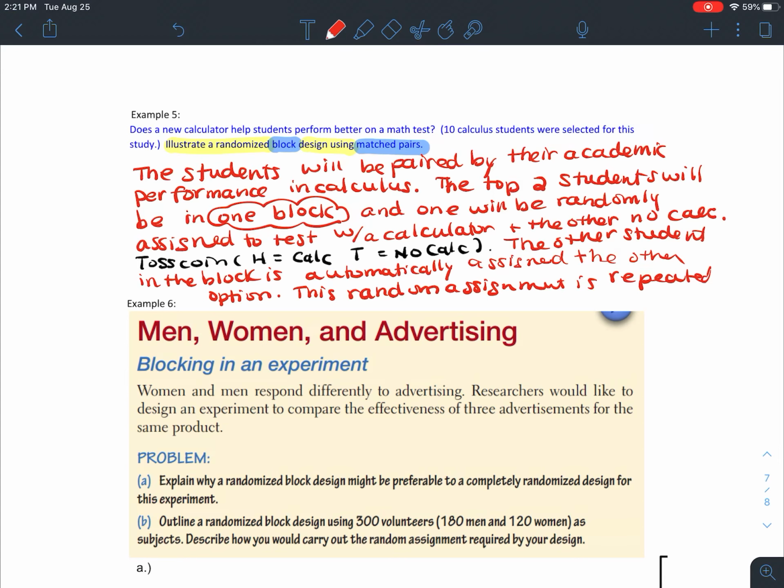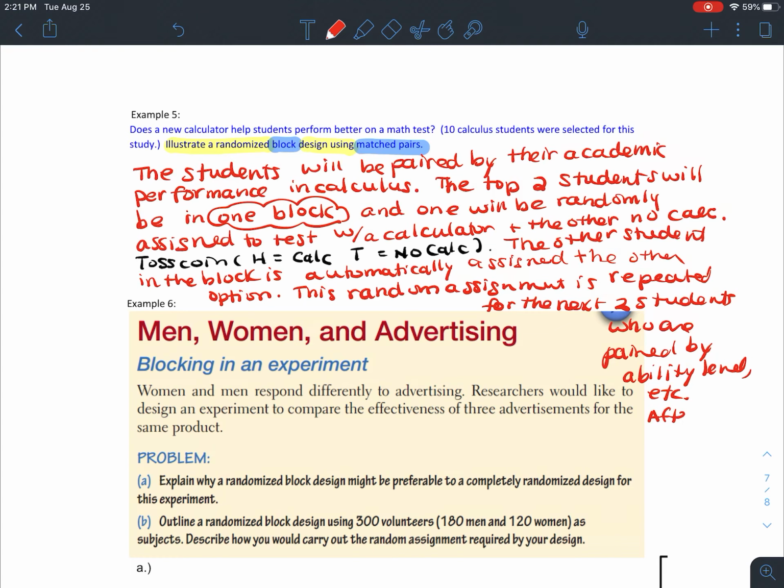This random assignment is repeated for the next two students who are paired by ability level. Okay, and then I'm just going to put etc. So we know we do the next two and the next two.